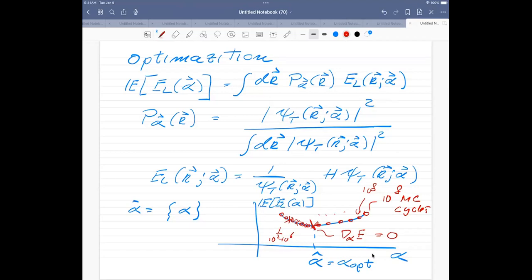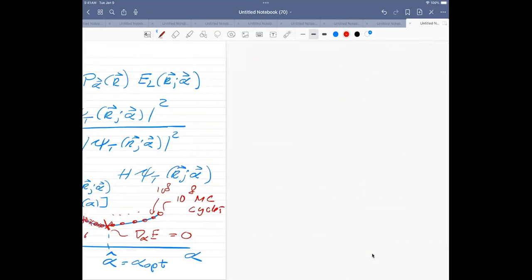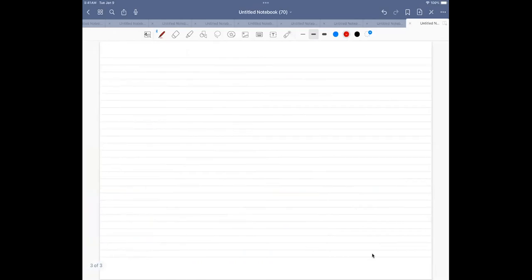So let's just now simplify life a little bit. I'm going to introduce a series of shorthands here. I'm going to rewrite this expectation value of the local energy with respect to these parameters alpha, and simply label it as E of alpha.